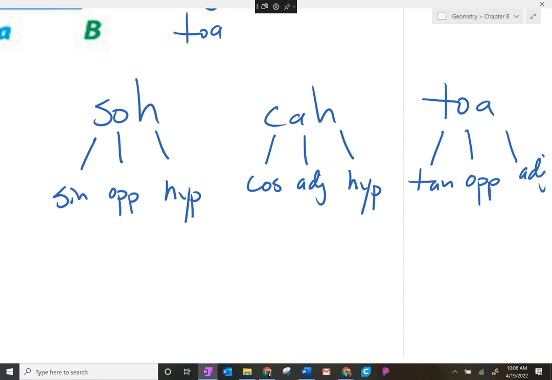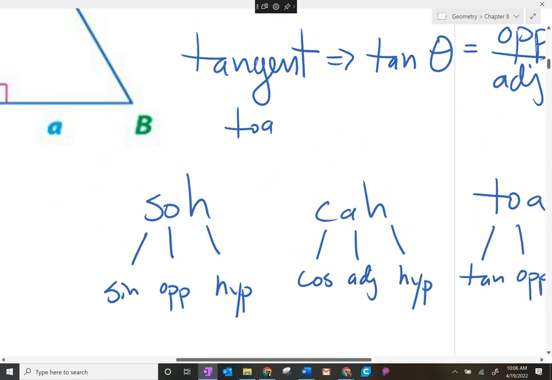So every single time, sine will always be the opposite over the hypotenuse. Cosine will always be the adjacent over the hypotenuse. Tangent will always be the opposite over adjacent. Okay, you guys have that written down.